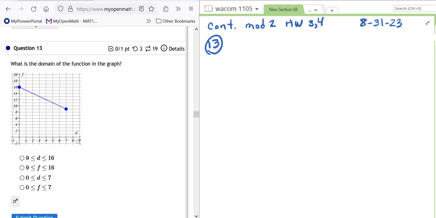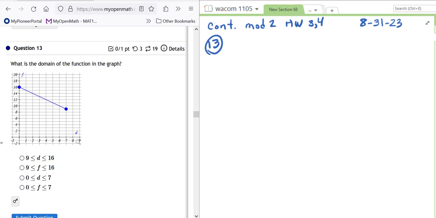So you have two answer choices that you have to look at carefully here. F is this axis, so they've labeled them differently than the X and Y. But the vertical axis will always have to do with range, and the horizontal axis will always have to do with domain.